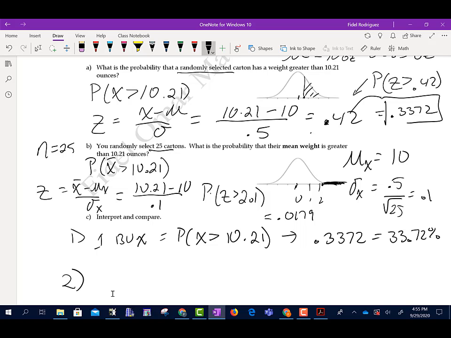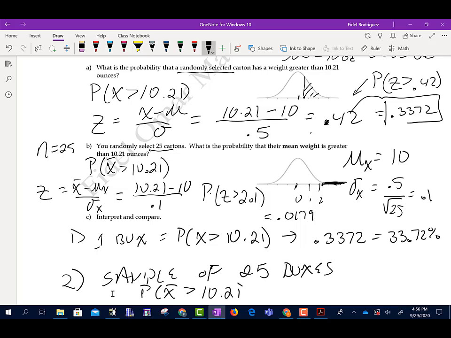So what this is saying is if we take a sample of 25 boxes, the probability that the average weight of those 25 boxes is greater than 10.21 is only 1.79%. Okay? That's the difference between those two ideas. Okay? And that right there, guys, is 5.4.